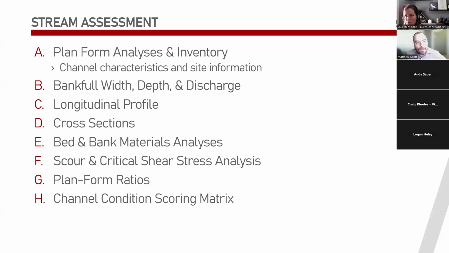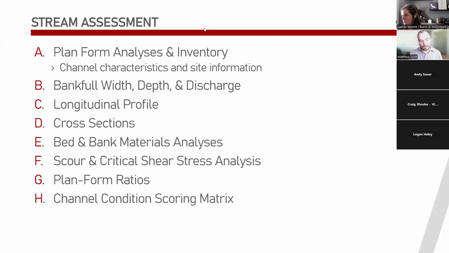Sure, yeah. So for stream assessment, this will be familiar for those who are familiar with the natural channel section in the previous manual. Submittals need to demonstrate existing plan form analysis and inventory. There's a list, which I didn't include in full on this slide, of channel characteristics and site information.